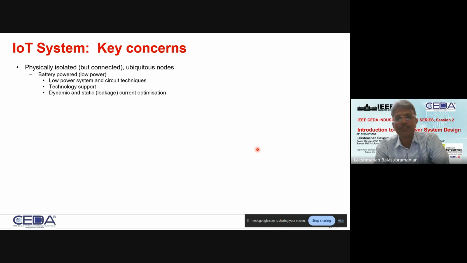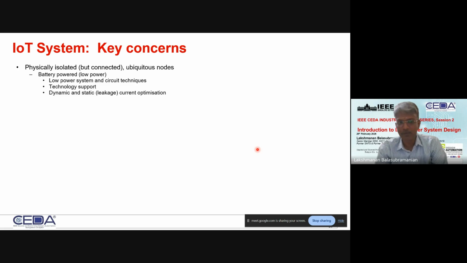You cannot control that they have to be in a specific place, in a specific location, and then there it will be deployed. Once you deploy it, its location is uncontrollable. Okay, so they're isolated from each other, though they're connected. If not continuously, at least periodically they should be connected. But they're ubiquitous nodes. They're everywhere once deployed. So powering them through wall power is impossible.